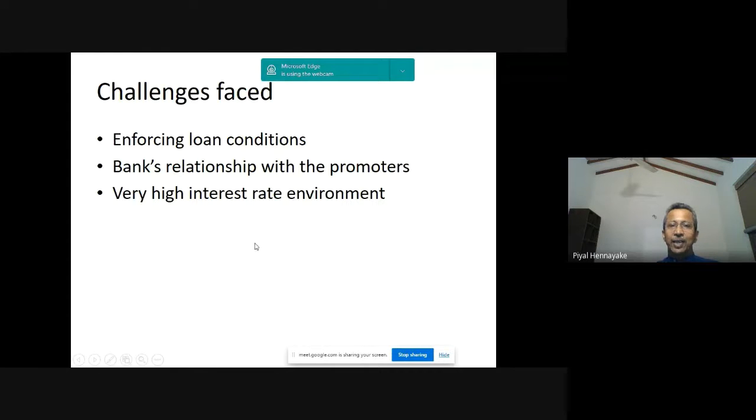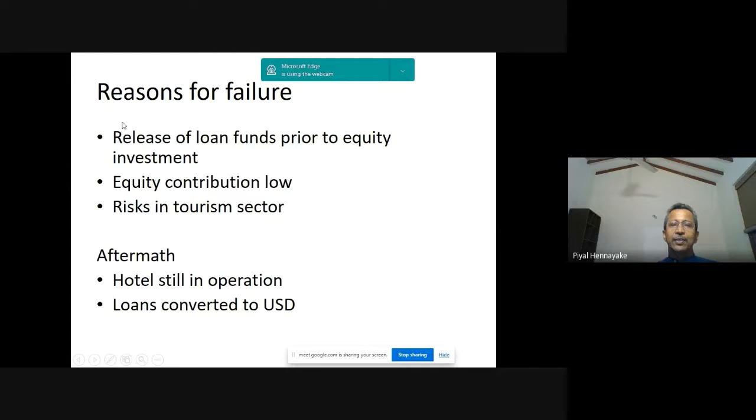And those days, very high interest rate. Reasons for failure: release of loan funds prior to equity investment, and equity contribution must have been low. Risk in tourism sector. Now, I think maybe the central bank bomb or something, then there are no tourists.